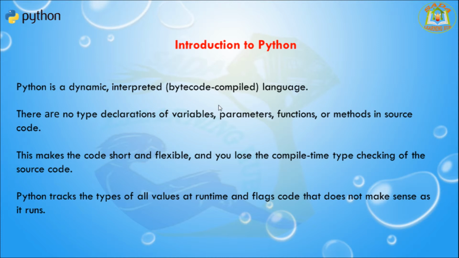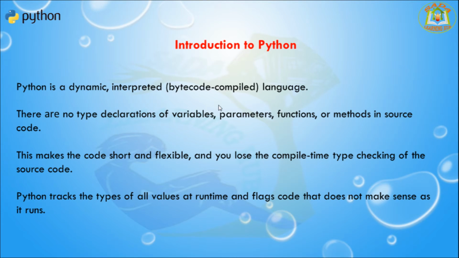See here, Python is a dynamic interpreted language. There are no type declarations of variables, parameters, functions, or methods in the source code. This makes the code short and flexible, and you lose the compile time checking of the source code.